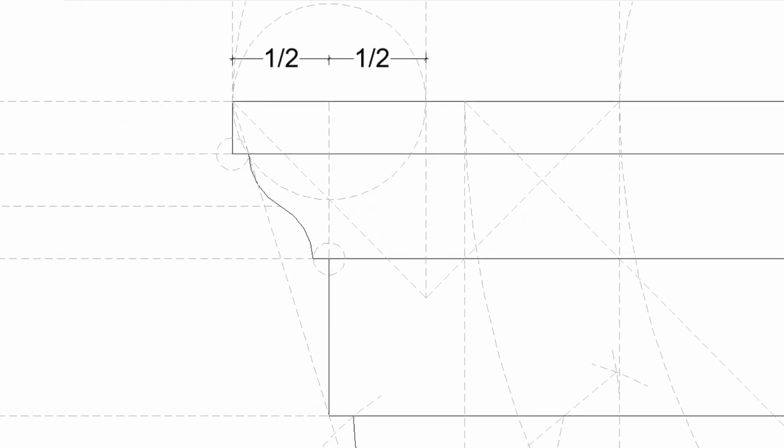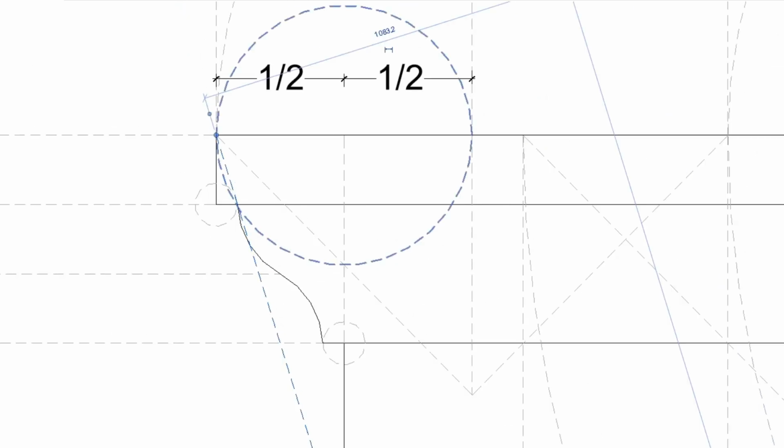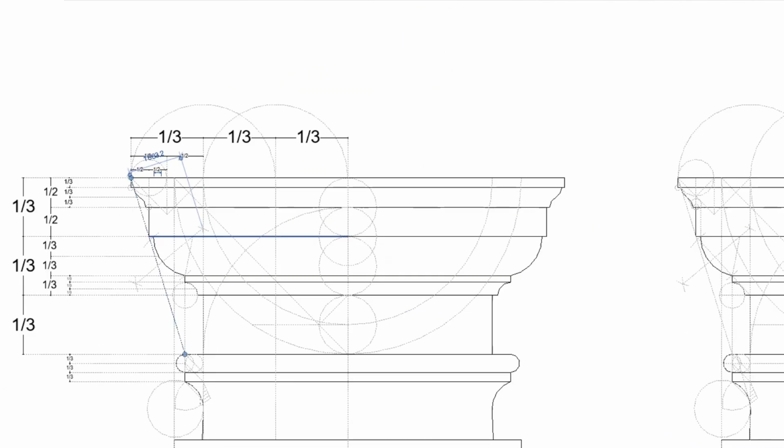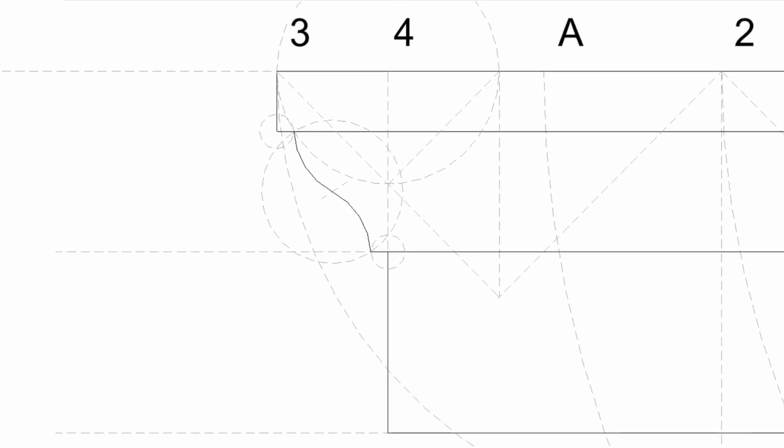So let's go back to this diagonal line. If you draw a diagonal from the top corner and it intersects with the edge of that circle, you can carry that down and you can find the bottom corner of the abacus there, which we've actually already got. So I'm going to delete that line. So that's another way you can find that proportion. So I'll just draw a line there.